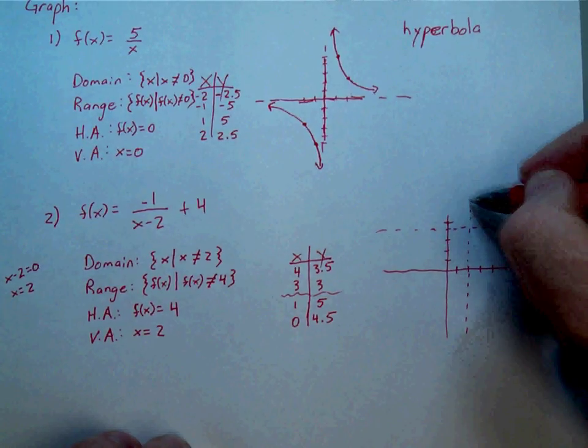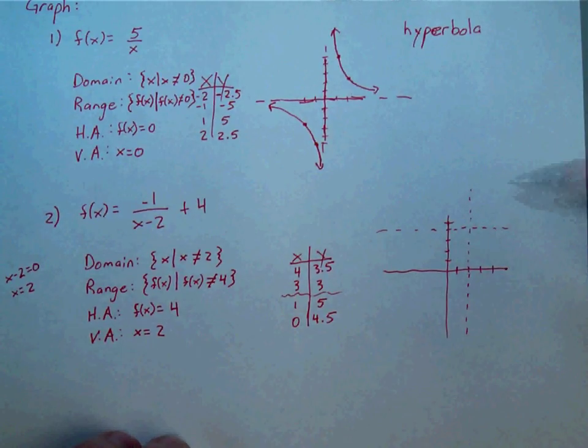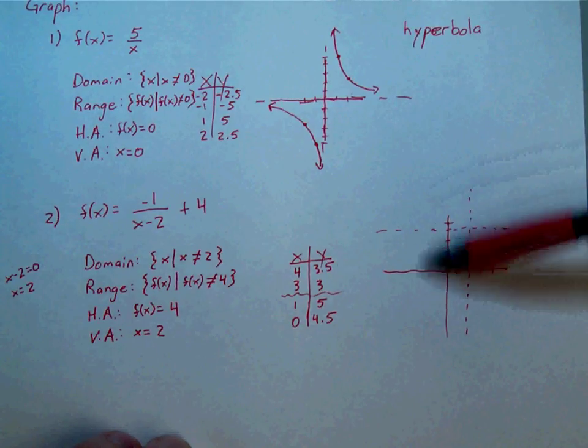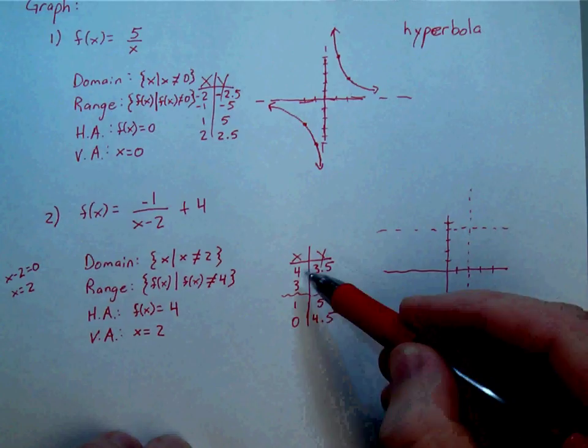And so that splits my graph into quadrants. The quadrants don't necessarily agree with the xy axis, but they make their own quadrants. There's an upper right-hand corner, an upper left-hand corner, a lower left, a lower right. The two branches of my hyperbola will be in 2 of those 4 quadrants. And they'll be opposite corners. Let's find out which ones.